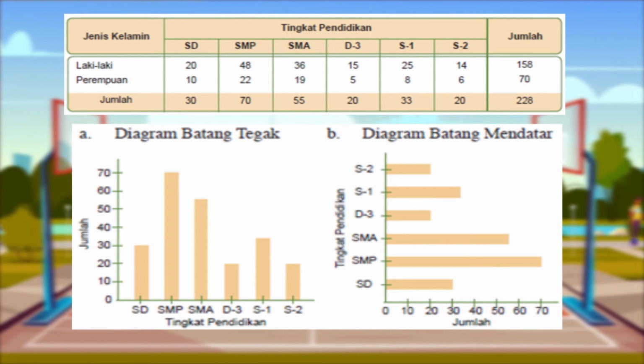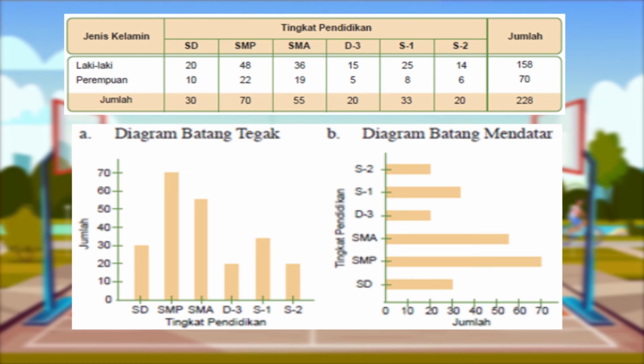There is the degree and the total, and also the gender, boys and girls. In this table, we can see the totals are 30, 70, 50, 55, 20, 33, and 20. And the total of all the data is 228.